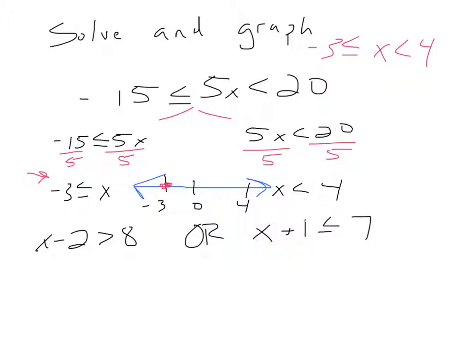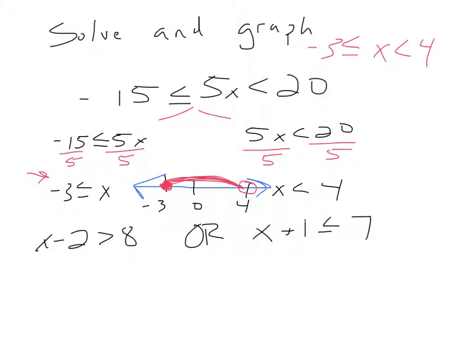And 4, it is, again, a less than symbol. It is an open dot, and because of this, what type of an equation, an and or an or? It's an and, so we're going to shade in between.